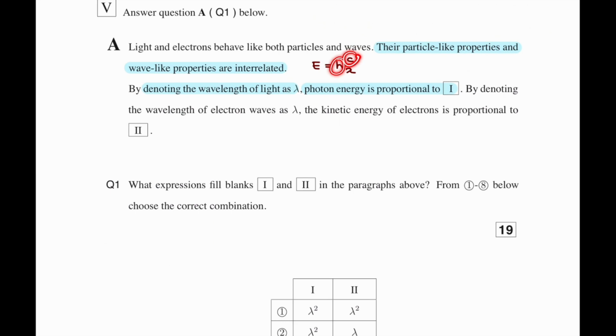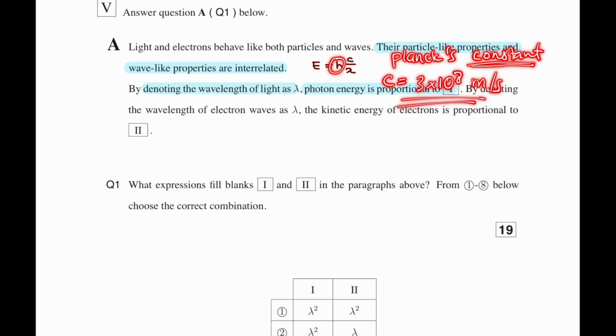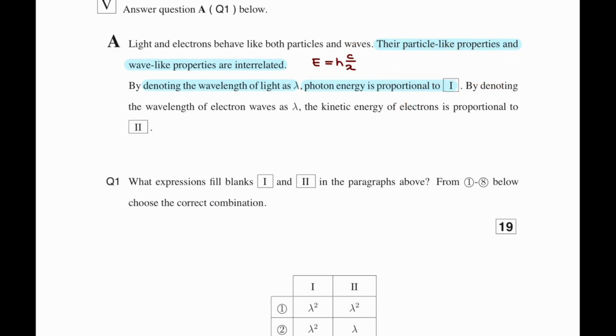I repeat once again: h is the Planck constant, which is a constant number, and c is the speed of light, 3 times 10 to the power of 8, which is also a constant number. That means the photon energy is directly proportional to 1 over wavelength. So for number 1 here, my answer is 1 over wavelength.